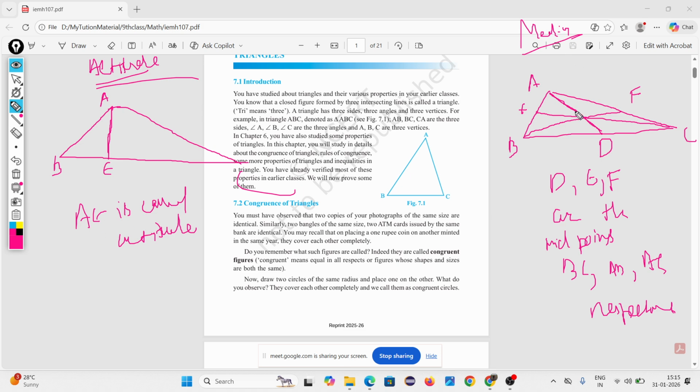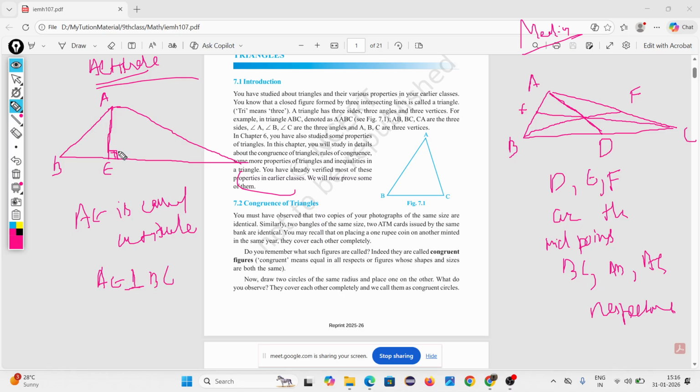Okay, look at the difference. A median is the line segment joining a vertex to the midpoint. A line segment joining a vertex to the opposite side at a right angle is called an altitude. How to write it in math? AE is perpendicular to BC.